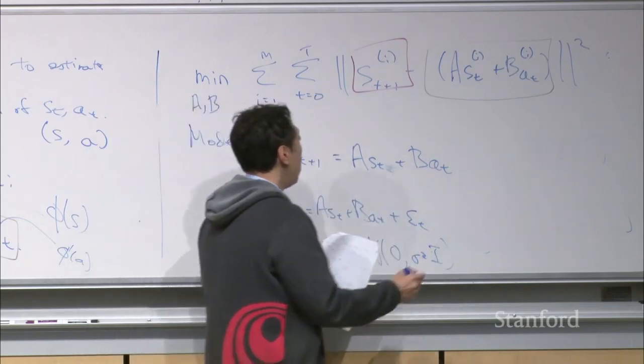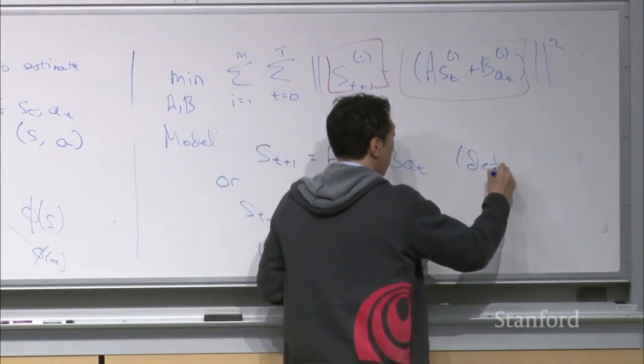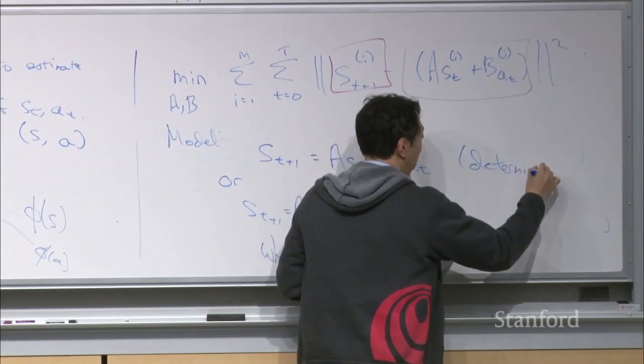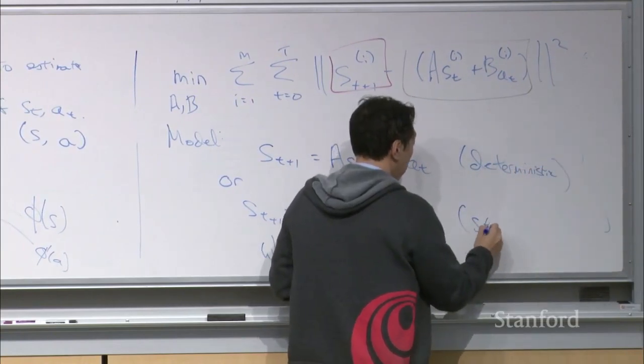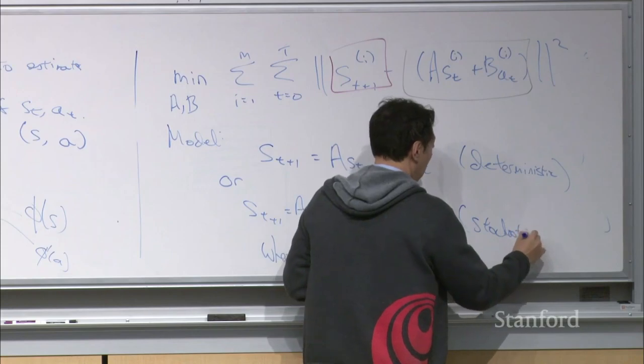Okay, and so this first model would be a deterministic model, and this model would be a stochastic model.